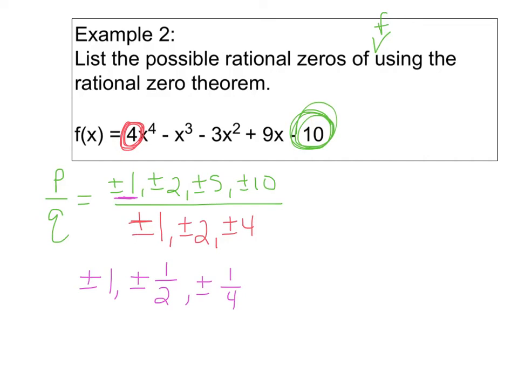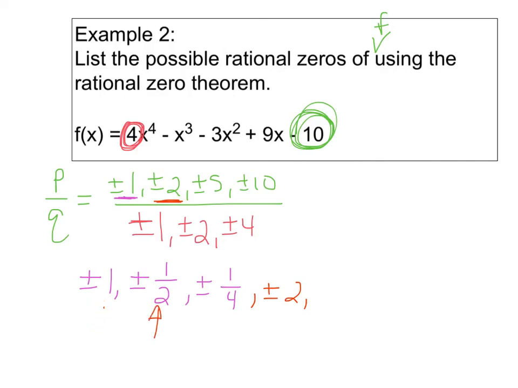And then I would do this next one, plus or minus 2, over each one of the ones on the bottom. So plus or minus 2 over 1 would be 2. 2 over 2 is 1. Well, we already see 1's on our list, so we don't have to rewrite that. 2 over 4 would be 1/2, also already on our list, so we don't have to rewrite that.